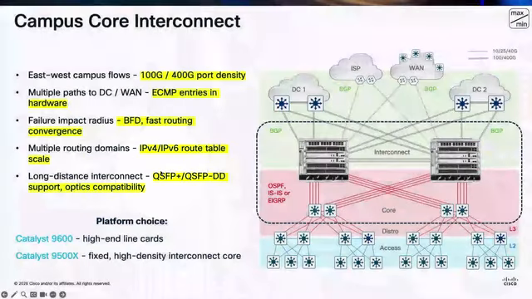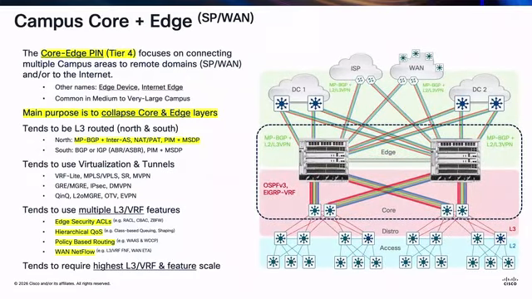This is where you will be exploring QSFP Plus or QSFP-DD transceiver support, because you want to have high bandwidth, but you also want enough bandwidth for the future. So whenever your network will be growing, if your current platform supports QSFP-DD, you want to be able to grow the bandwidth and support more and more. So 9600 and 9500X is your choice.